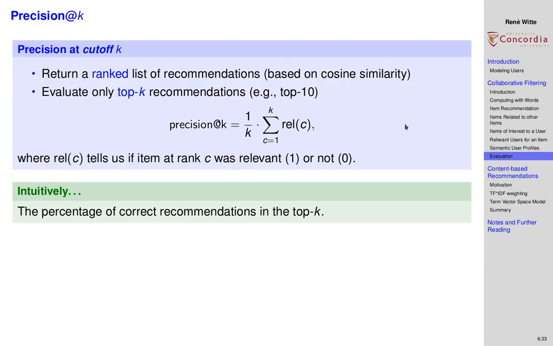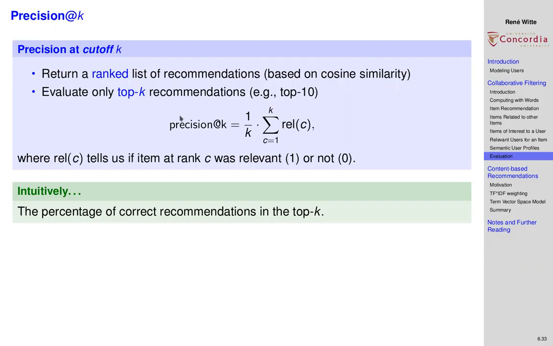The motivation is that for a user, it's not really relevant what the precision is when you evaluate it over millions of items. If you look at websites like Amazon or Netflix, they really have millions of items that they could recommend. But a recommender algorithm is really only good if the top recommendations it gives you are the ones that you're really interested in, because you look at the first 10, maybe even the first 20 or 30, but you're not going to look at a few 100,000 recommendations.